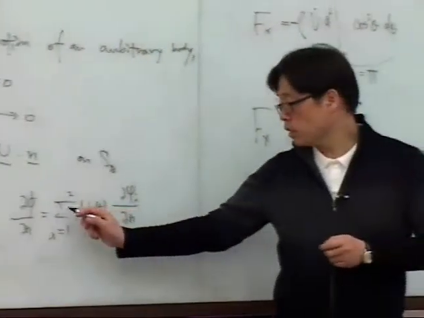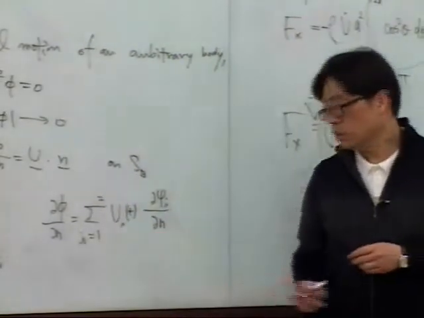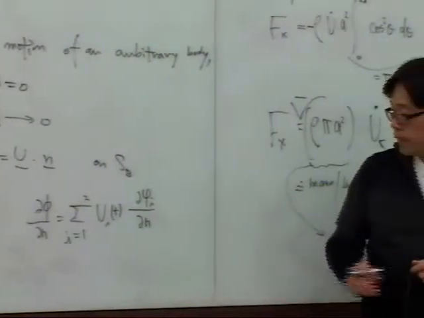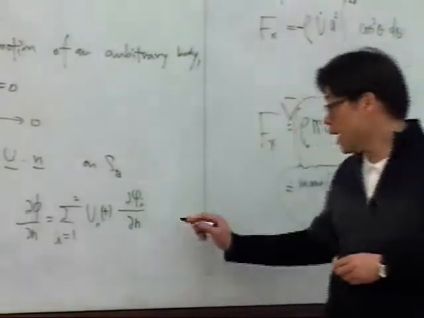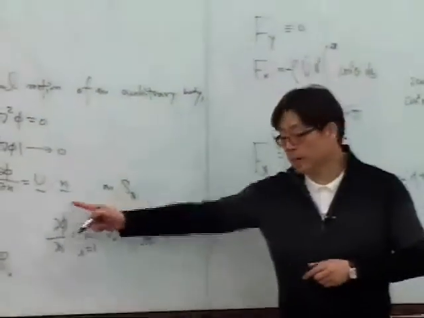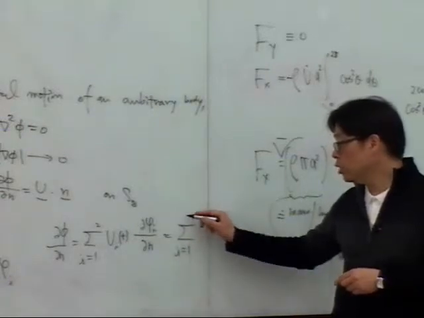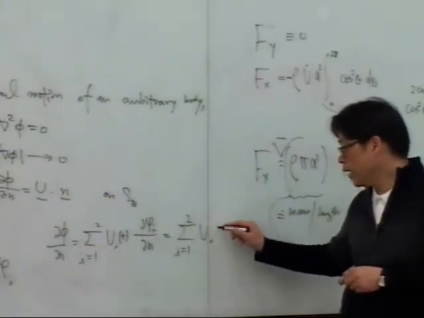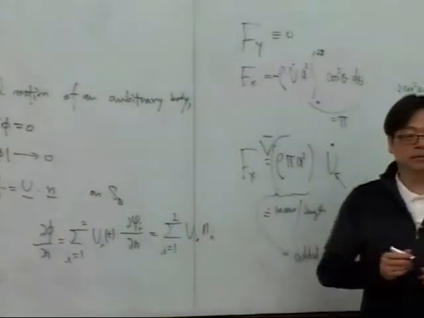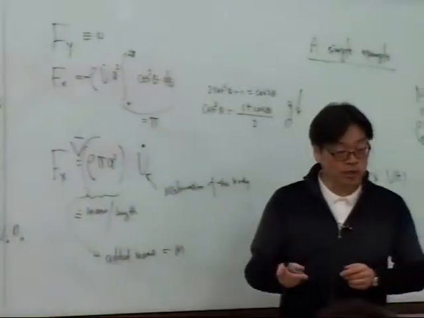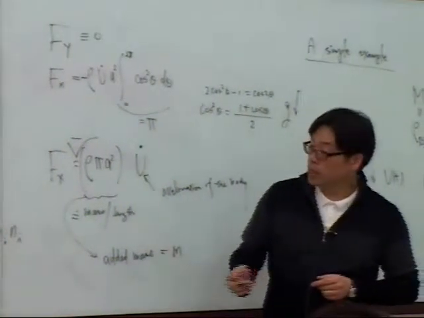Okay? And this has to be the same as u dot n, which is the summation of i from 1 to 2 of u_i n_i. 1 is in the x direction and 2 is in the y direction, as I wrote here.